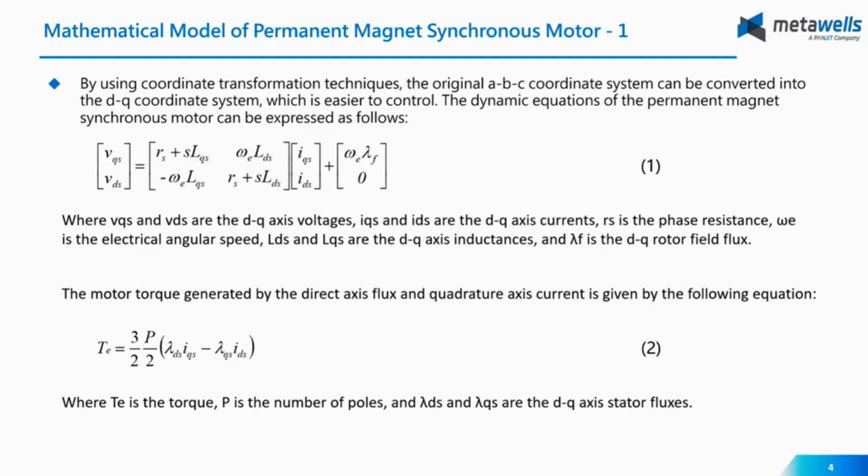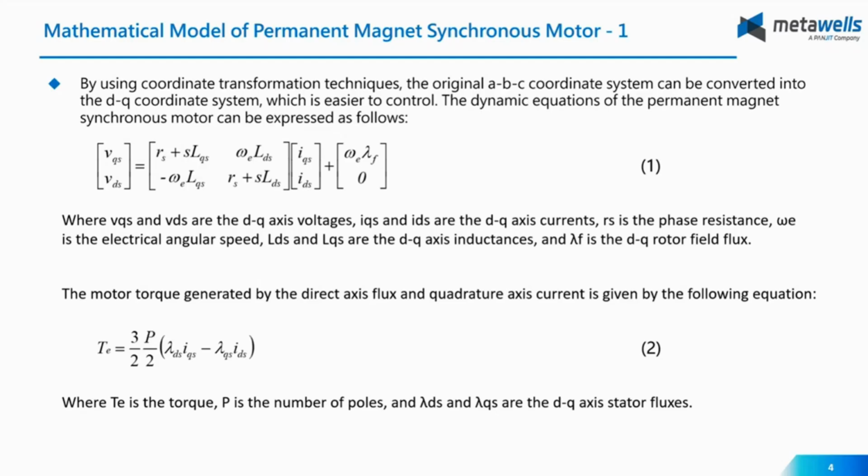They are determined by the motor's resistance Rs, you can see here Rs, and the inductances Lqs and Lds, and the phase currents Iqs and Ids. Okay, we also have this term omega e and lambda f, which represents the back EMF from the rotor's magnetic field.